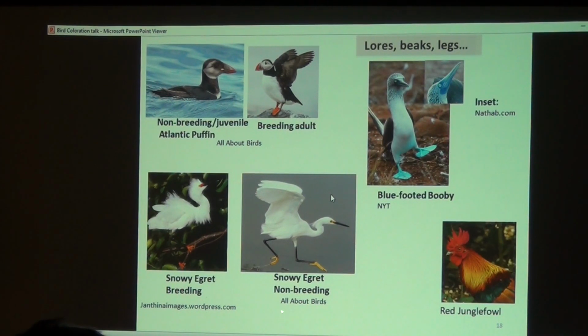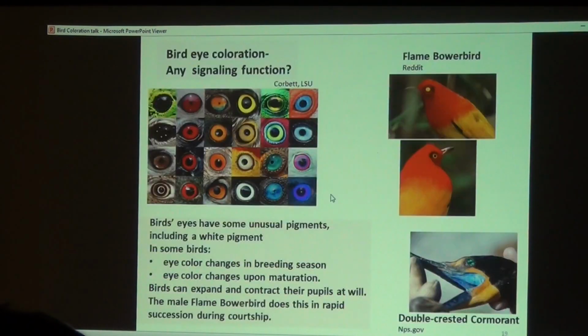And in non-breeding season, non-breeding plumage, these are yellow. By the way, this bird, the snowy egret, was almost hunted to extinction at one time because these wispy feathers were prized to put in hats. It was very fashionable then.